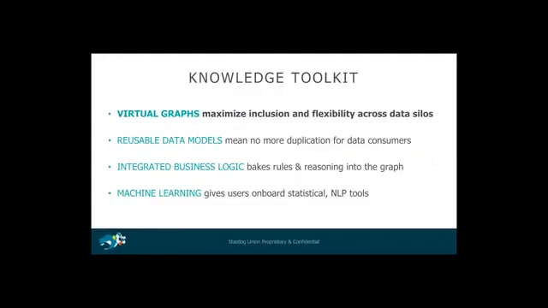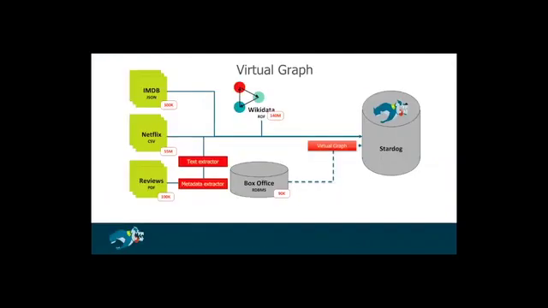So in our Knowledge Toolkit, we also have the ability to use what we call virtual graphs. Now, the data that we had in that slide before was my box office revenue data. This data, I have it in MySQL database, and I'm going to access this through what we call a virtual graph. This could be hypothetically high velocity data that's changing quite rapidly.